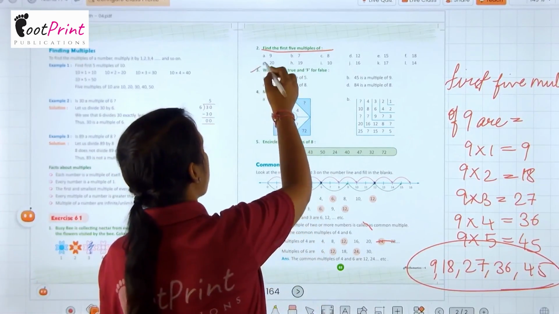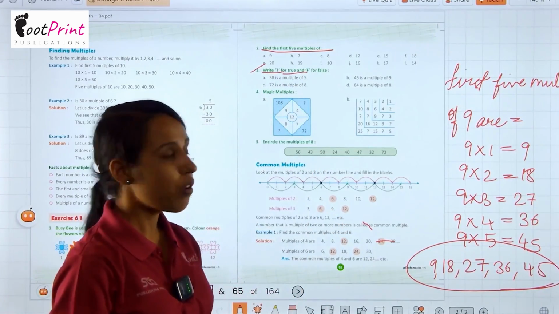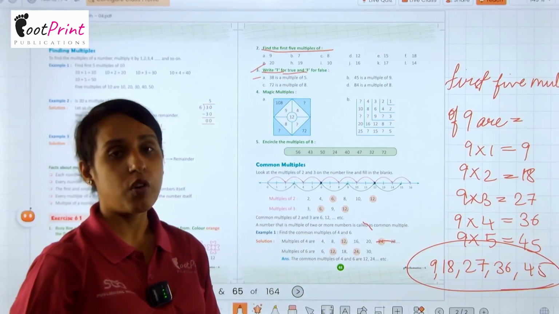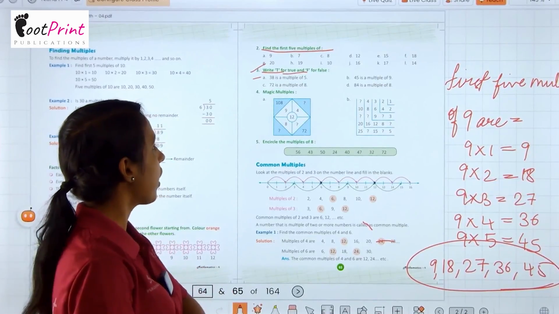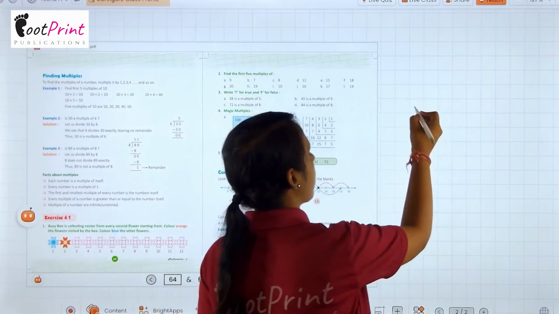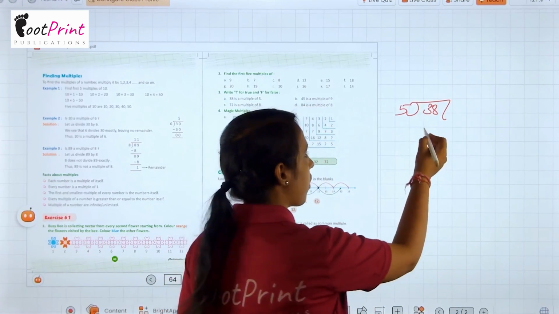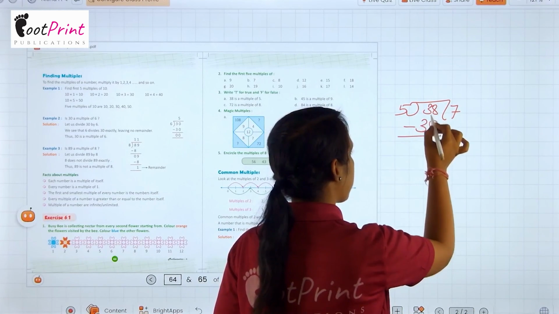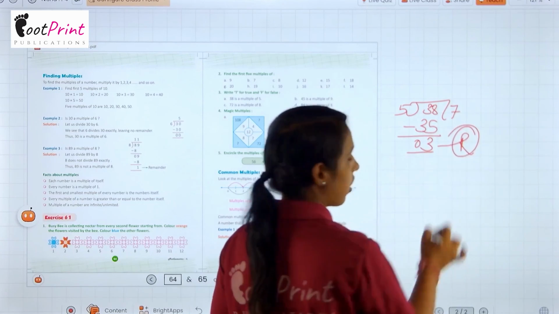Okay. Now next question is write T for true and F for false. So here we have to write 38 is a multiple of 5. So we have to check it, and for checking we have to divide 38 by 5. So let's divide it. So here is 38 and we have to divide it by 5. 5 sevens are 35 and we have to minus it. 8 minus 5 gets 3. It means it is a remainder.